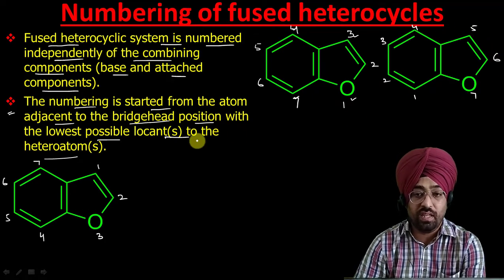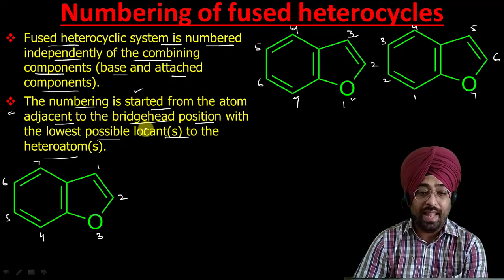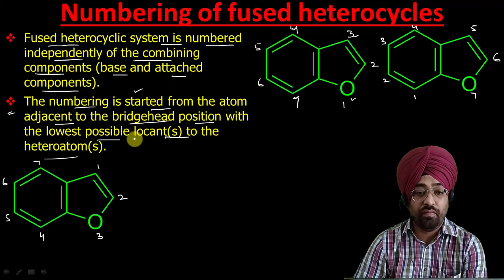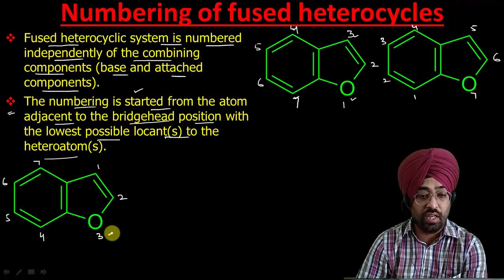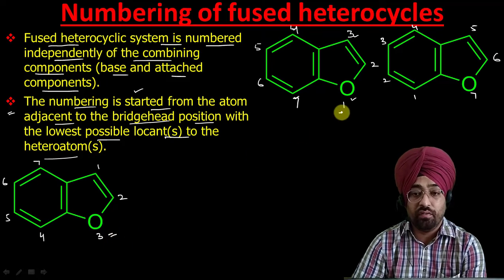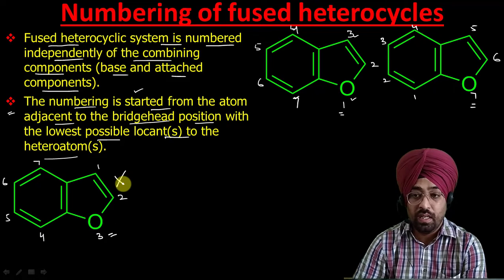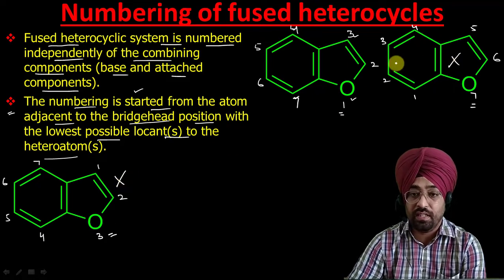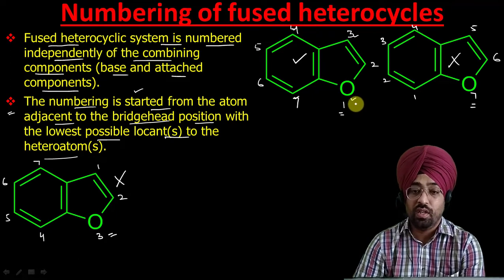Out of these 3 possibilities, if we follow these rules, the numbering that is correct gives the lowest locant to the heteroatom. Here the locant position is 3, here the locant position is 1, here the locant position is 7. So this is incorrect, this is also incorrect, and this numbering is correct because it gives the lowest locant to this heteroatom.